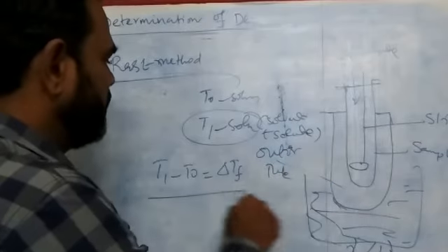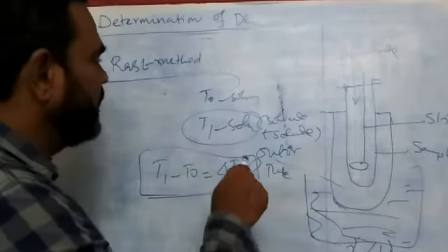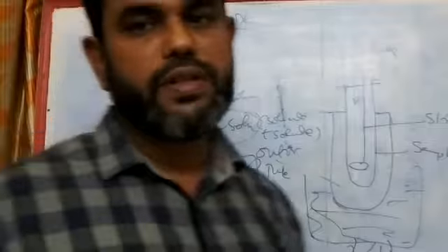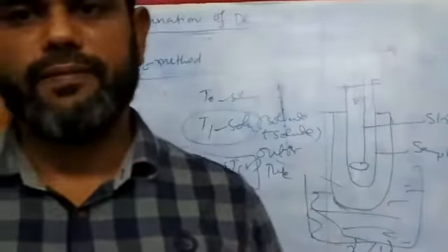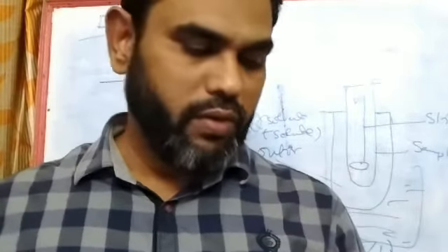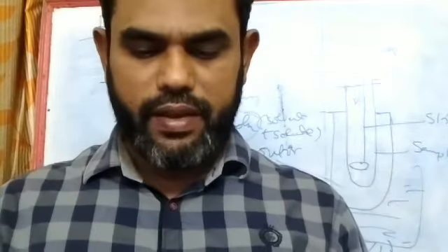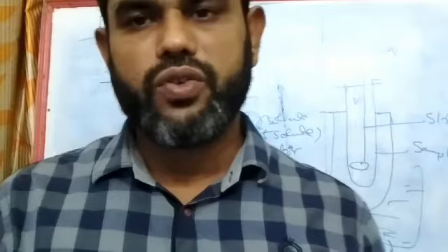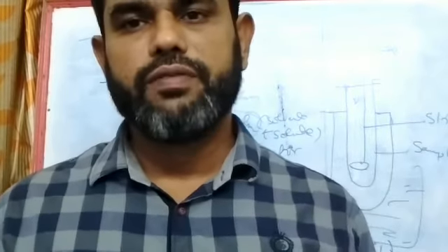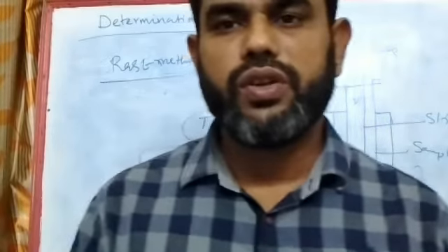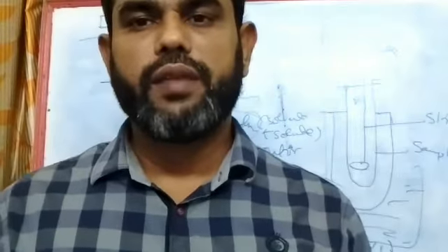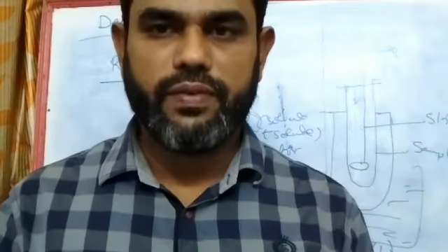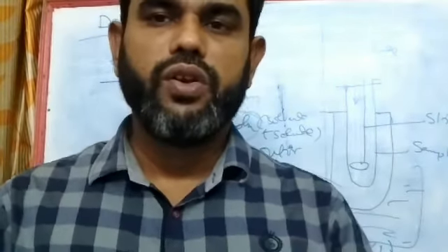Now this temperature difference is noted as the depression of freezing point. I hope you have thoroughly learned what is meant by depression of freezing point, the determination of cryoscopic constant, the determination of molecular weight of an unknown solute, and the determination of depression of freezing point by adding an unknown solute.